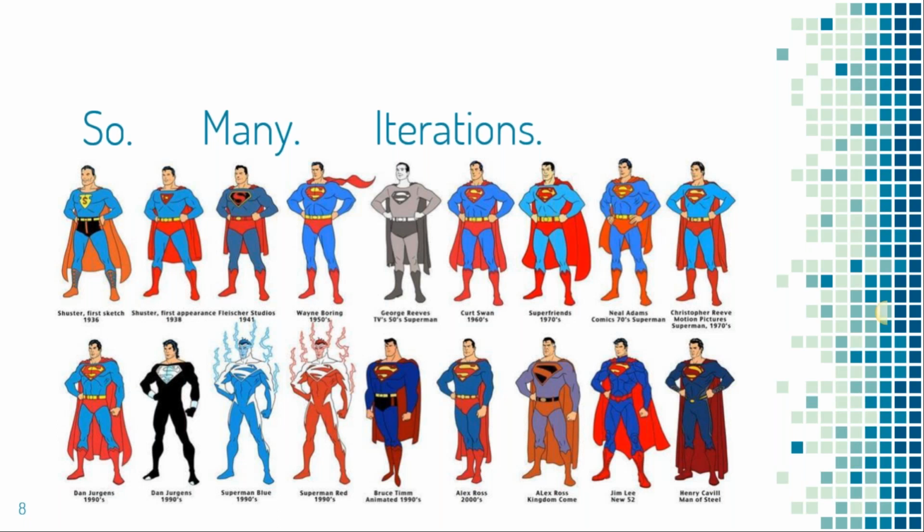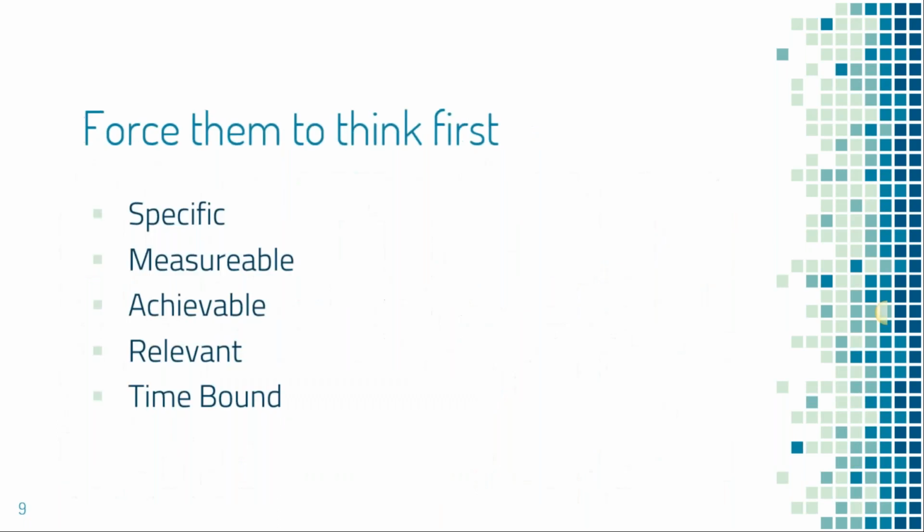And maybe because they don't have their goals outlined or haven't really thought about what they actually want before, then you have to make another iteration, and it just kind of goes along. So many iterations, and some, like at the bottom, catch on fire maybe, and you have to redo them. That doesn't seem so smart. Yeah. So what we want to do to avoid that is force them to think first, right?